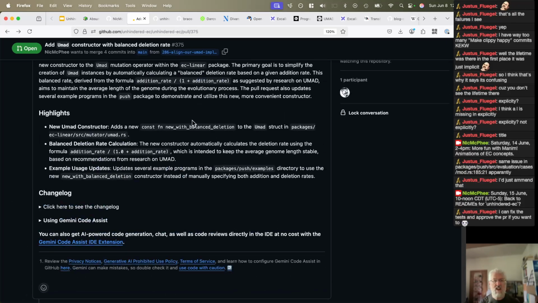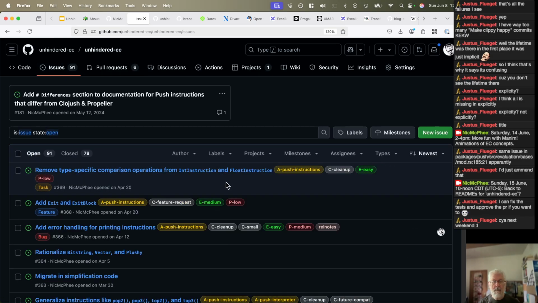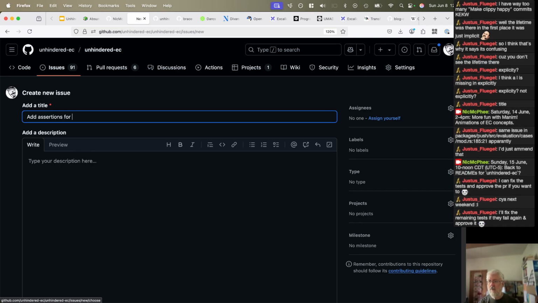We wanted to make an issue quick about adding assertions for, thank you, I appreciate it. Add assertions for probability parameters.